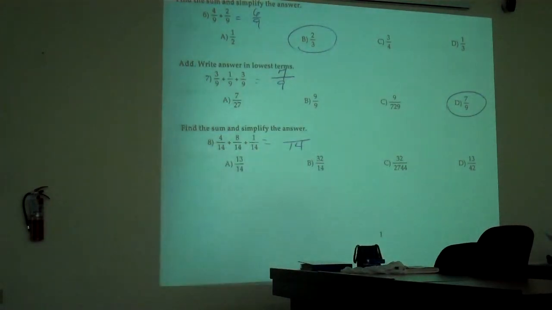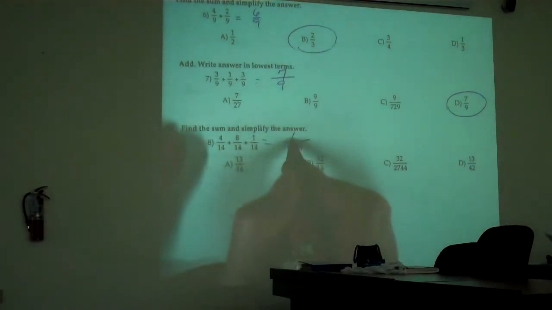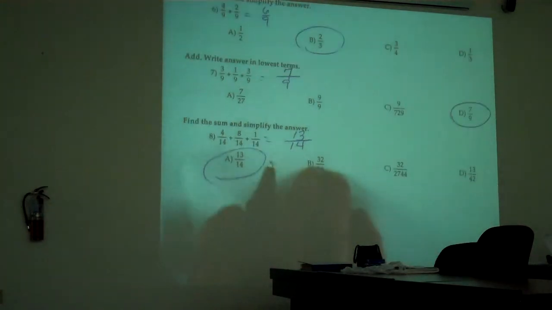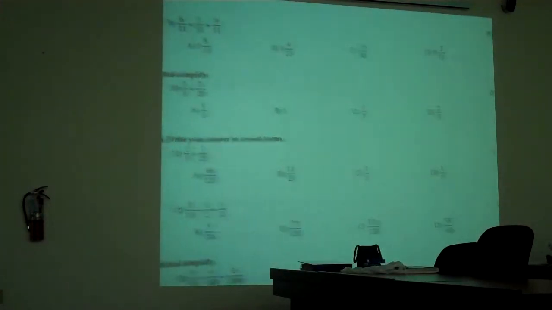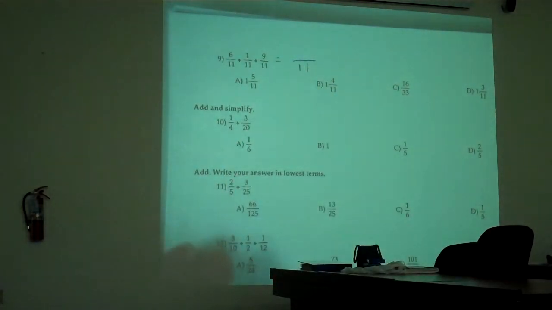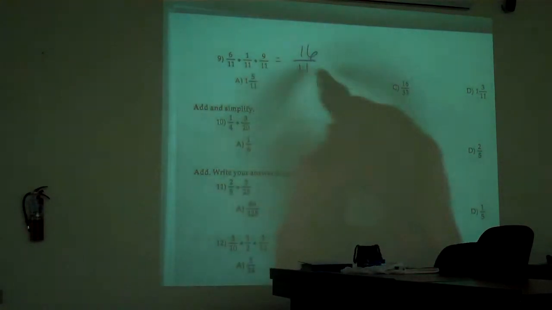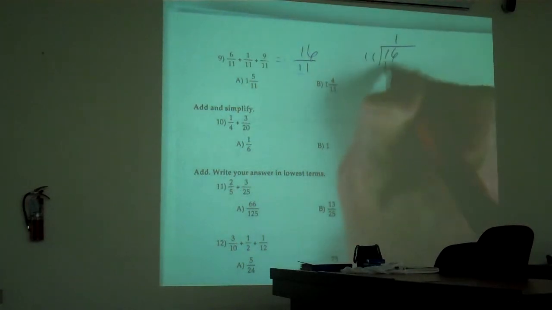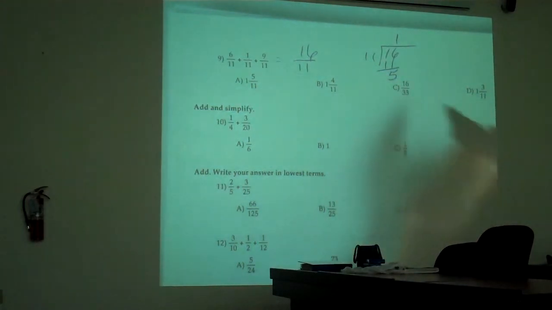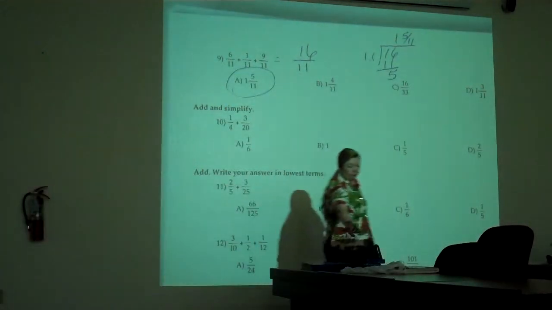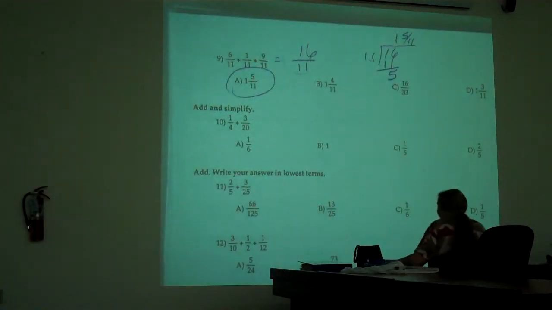Add the tops. 13 14ths. You're going to keep the bottom, add the tops. Right? Okay, you need to turn this into a mixed number. 16 divided by 11 is 1, and 5 left over, so 5 11ths. So that's A. Okay, number 10.